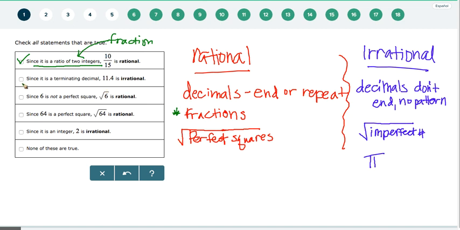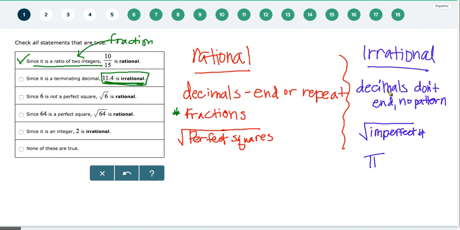Okay, let's look at number 2 and let's go the opposite kind of order of dealing with this. Because some of you may look and go, well, I'd rather just decide if this answer is right and then go back to the explanation, which is fine. So 11.4 is irrational. Well, 11.4 is a decimal, and that decimal has ended.